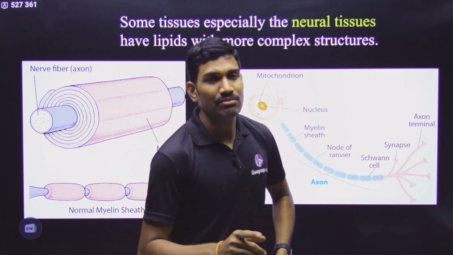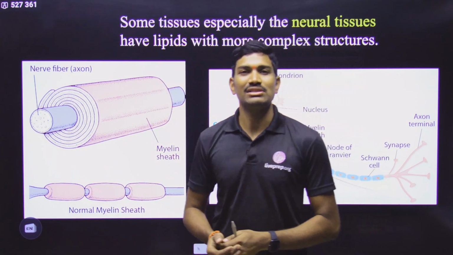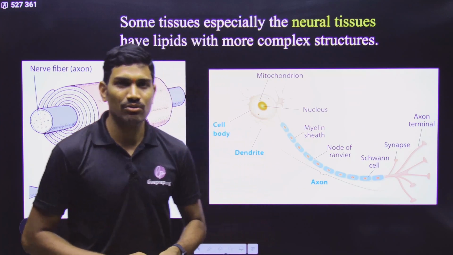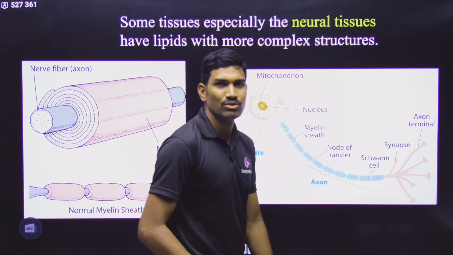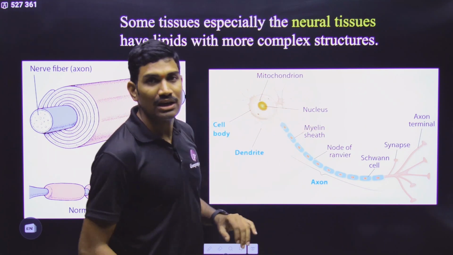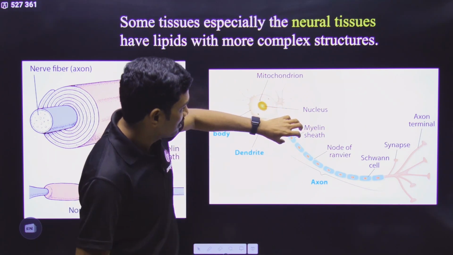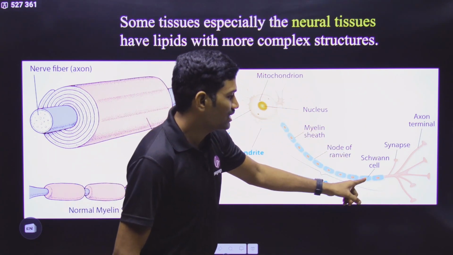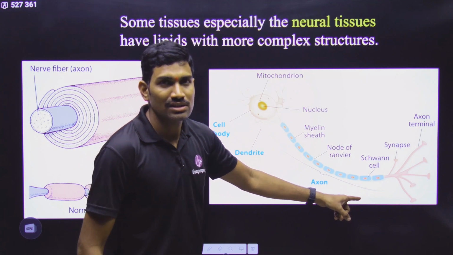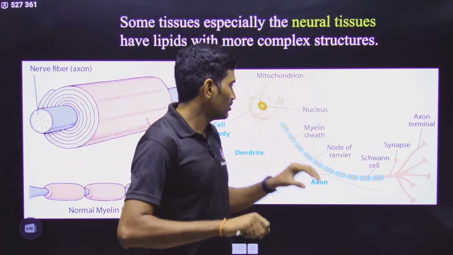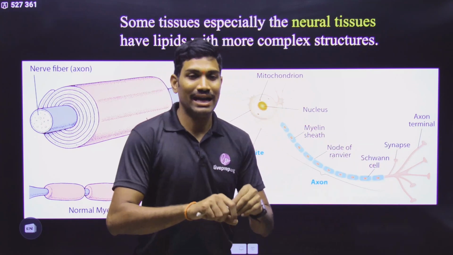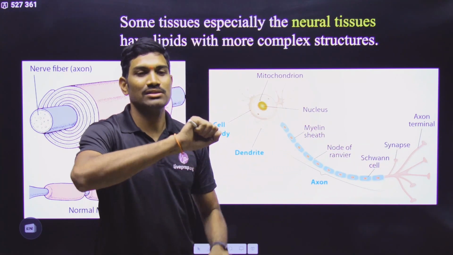But please remember, in the human physiology, we will study a chapter called neural control and coordination. In the neural control and coordination, we will study about the structure of the neuron. And for the structure of the neuron, we will study that around this neuron, there are some cells called the Schwann cells. So Schwann cells, suppose this is the axon. Around the axon, for the neuron, this long structure is called axon. Around the axon, the Schwann cell is present.